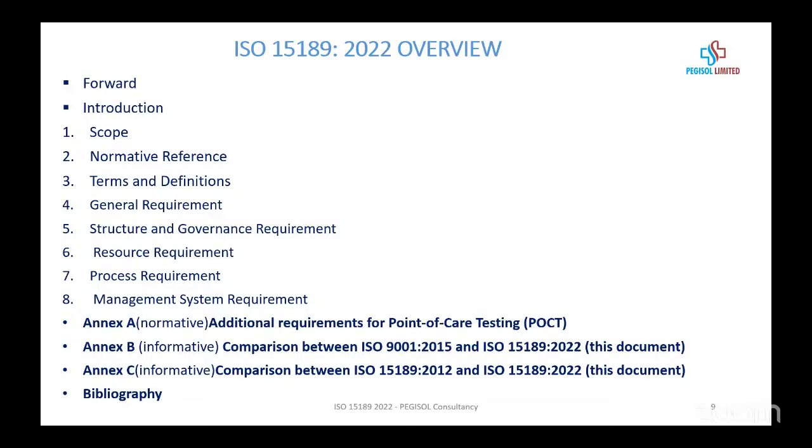General requirements. That's the way it works. Anytime you see a 5-point, it is now showing structure and governance requirements. 6-point is resource requirements, 7-point is process requirements. That's the way ISO 15189:2022 works.